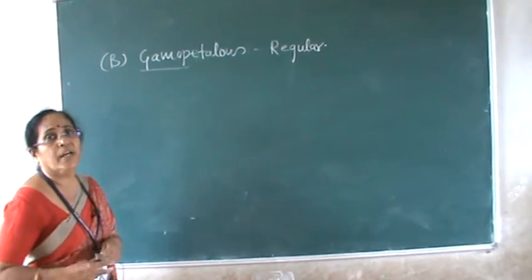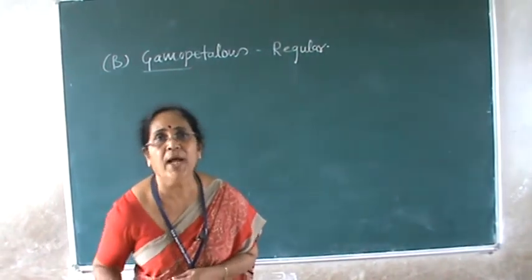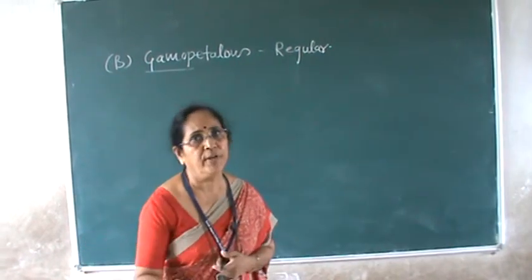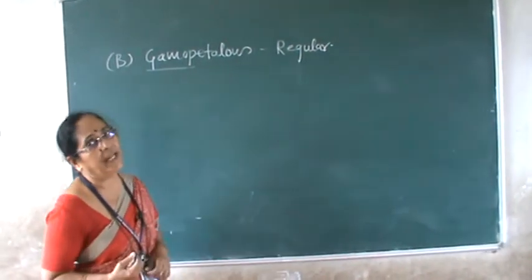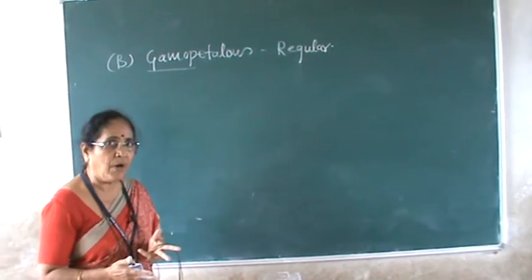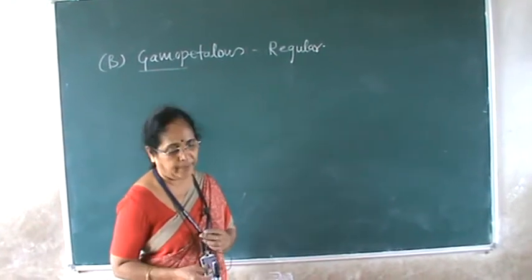When we use the term gamopetalous, it indicates that the petals present in the corolla are completely fused. And if the corolla or the flower can be cut into 2 equal halves at any angle, it is called regular or actinomorphic.